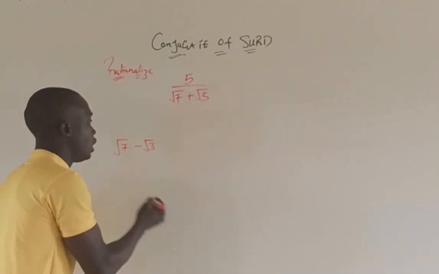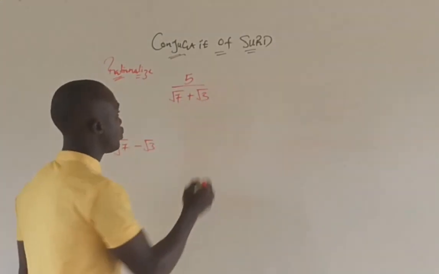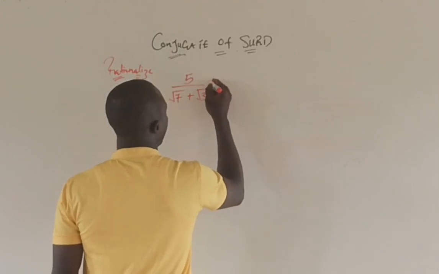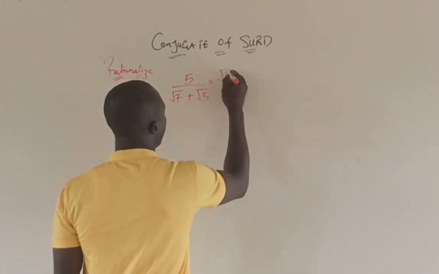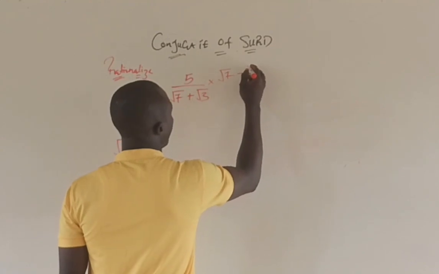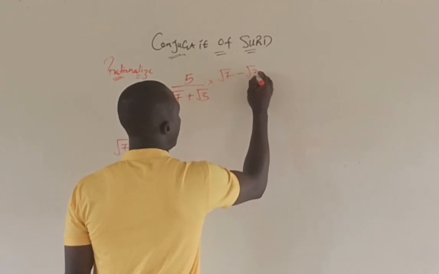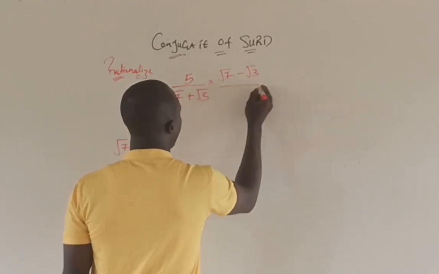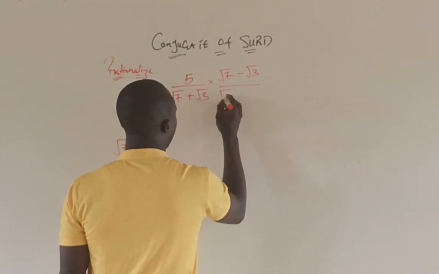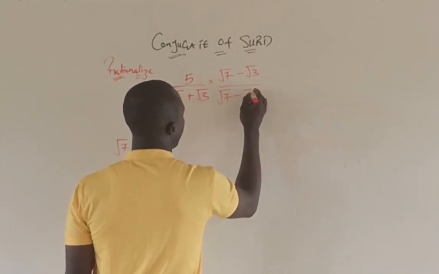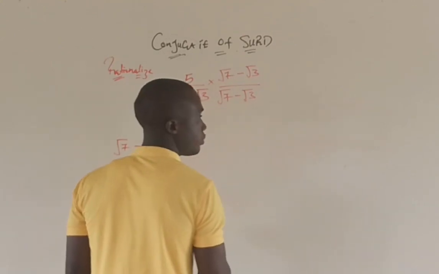This plus here we change to minus. So now we multiply both sides, up and down, by the conjugate. We have root 7 minus root 3 divided by, here also, root 7 minus root 3.